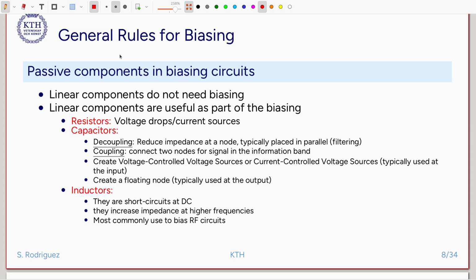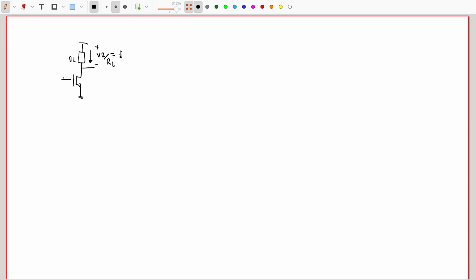And the decoupling capacitor, for instance, we have our power net here. We have our ground, and then it might be that our power supply is located very far away from our circuit, and we have some inductive behavior before it comes to our circuit.